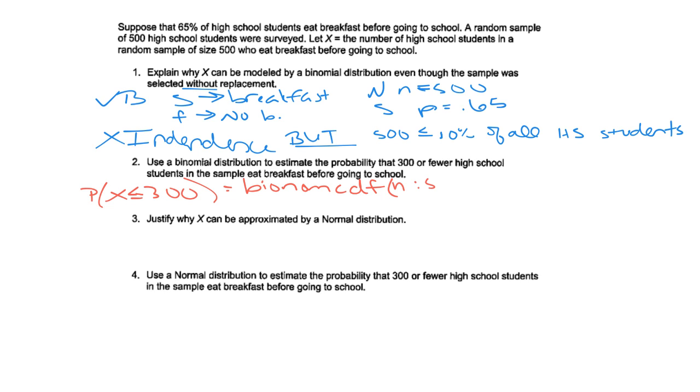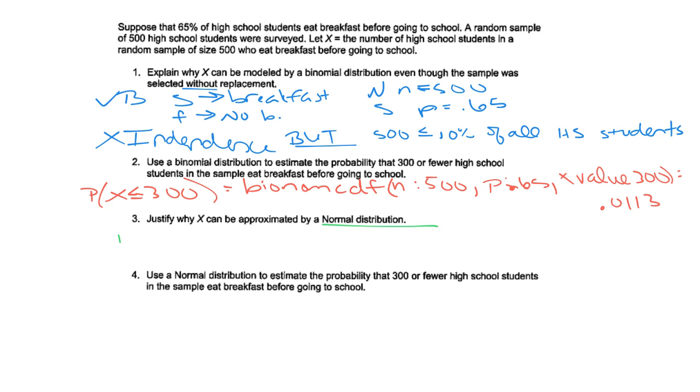I would have said 299 because 300 would not have been included. But it is, so I will include it. Okay, 0.65, and my X value is 300. I show my work just like I would with a normal CDF situation, and I get 0.0113.